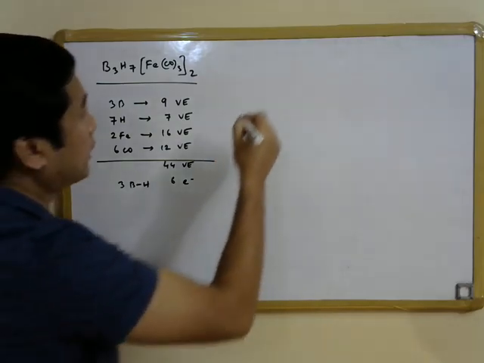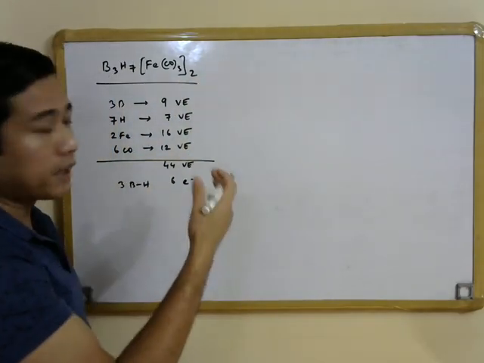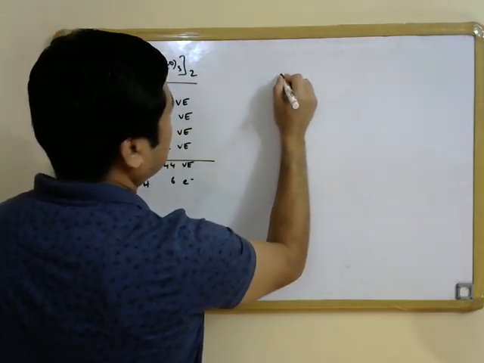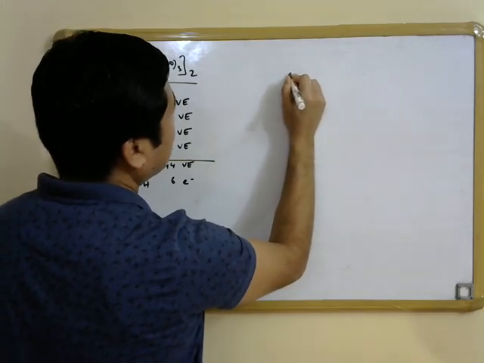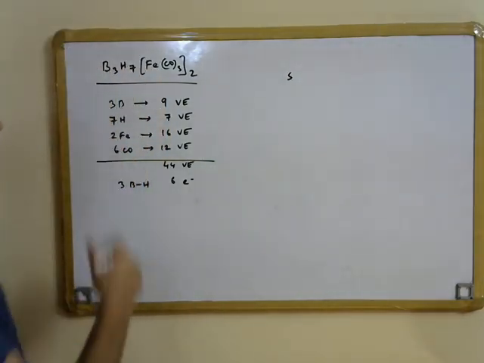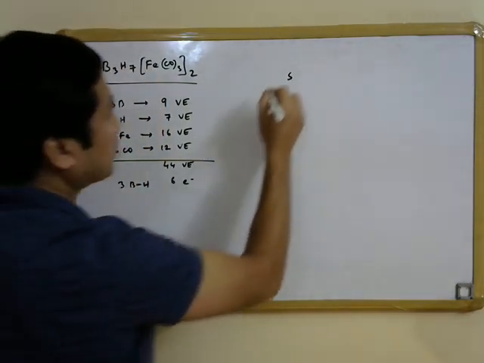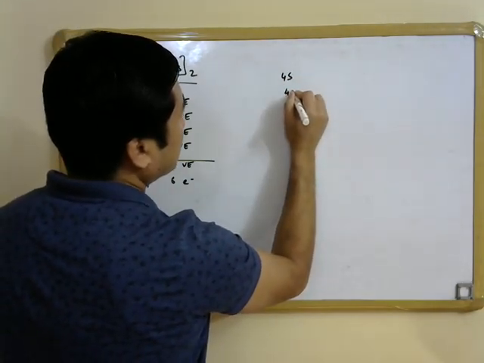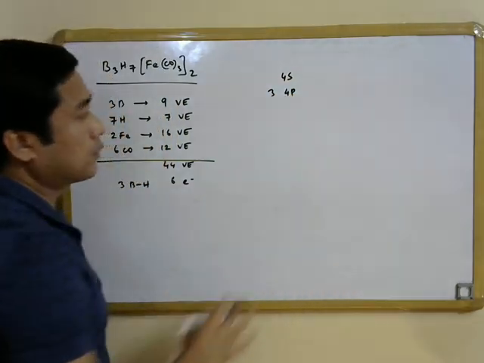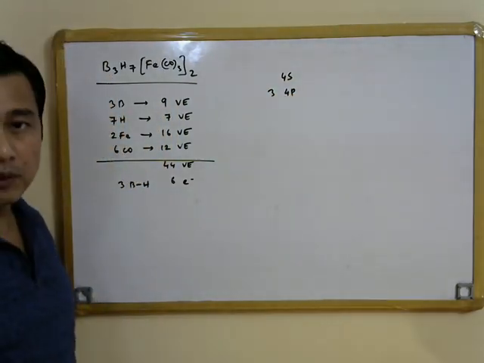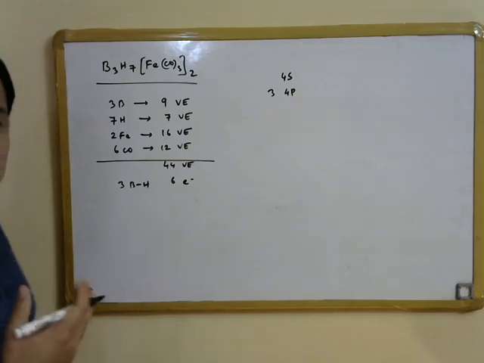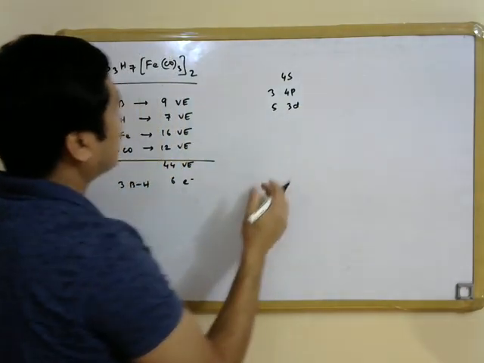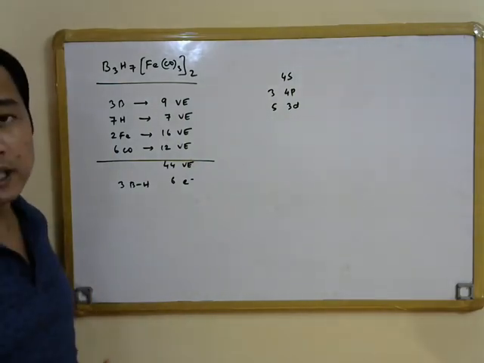metals, like this transition metal iron, have a total of 9 orbitals in a metallic atom. For iron, it has one 4s orbital, and then 3 4p orbitals, px, py, and pz, and there are 5 3d orbitals in the valence shell of the iron center.